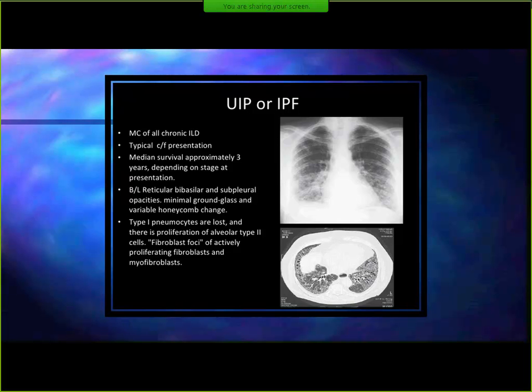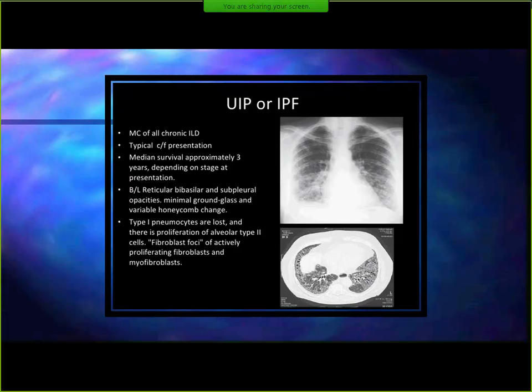Here you see honeycombing at the bases of the lungs. In the usual type, you'll see skip lesions. So some areas of the lung will be normal, and other areas will be fibrotic. And this is a slow progressing disease, with focal areas of fibrosis.